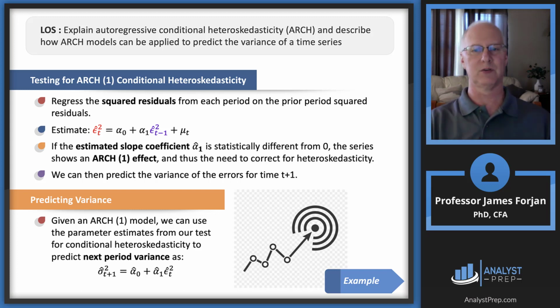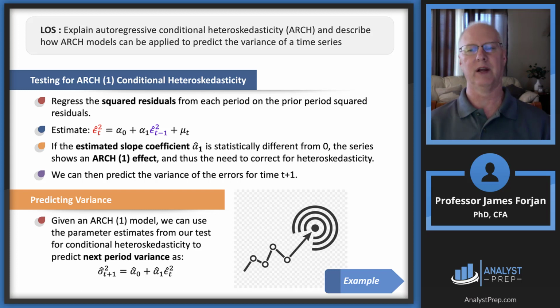All right, so this is just regular old regression analysis. What we want to know is whether that slope coefficient, here we have alpha 1, is statistically different from 0. If the series shows an ARCH(1) effect, since this is an AR1 model, then there is a need to correct for heteroskedasticity.